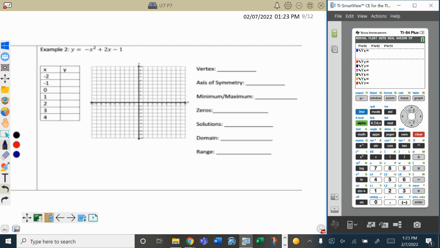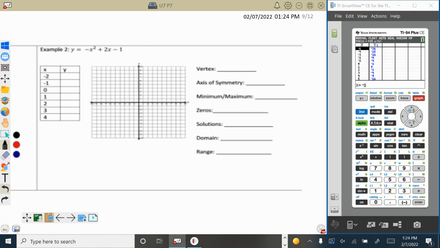We're going to use the negative button that's under the 3. Then we're going to go look at our table. If you're getting a syntax error, make sure that you use the negative button and not the minus button.